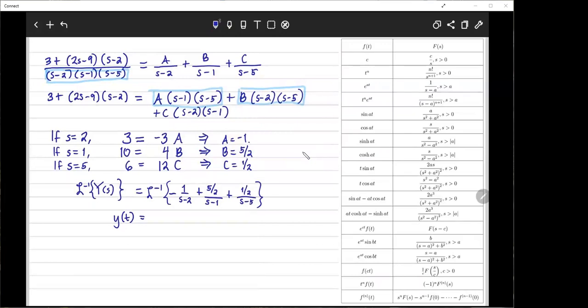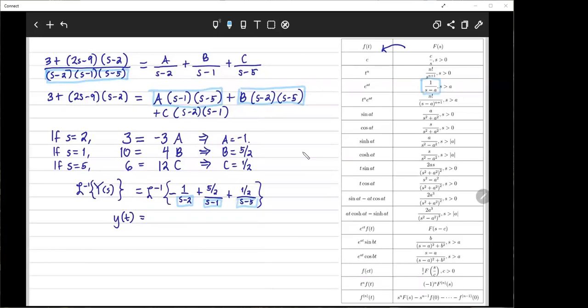It's always some constant over s minus another constant. So tingnan natin yung entry on the Laplace table. So for inverse Laplace transform, I'm going from right to left on the table. So magkakamukha lang yung denominator natin, s minus some constant. Okay.